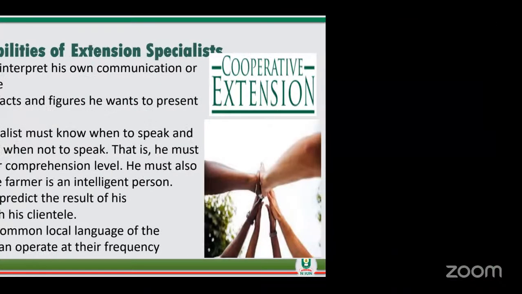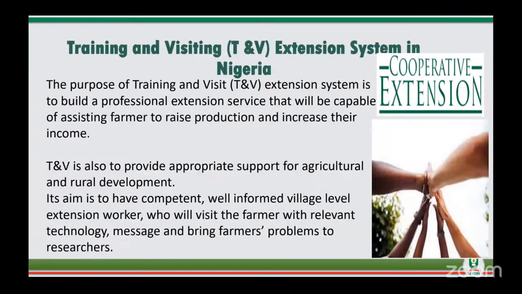Now, there's a concept here called the training and visiting extension system, the T&V extension system in Nigeria. The purpose of the training and visit extension system is to build a professional extension service that will be capable of assisting farmers to raise production and increase their income.